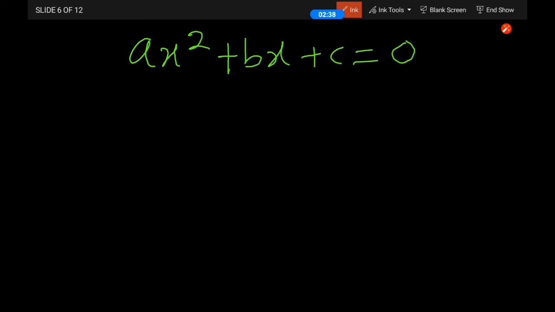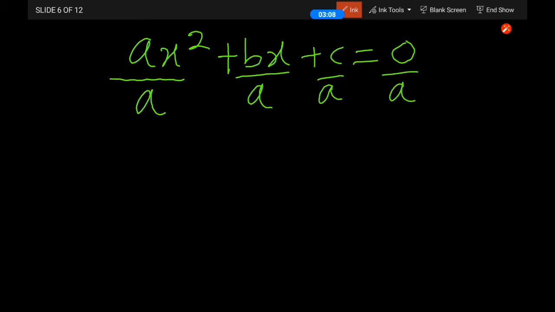Now, for you to get the formula that we are going to be using in solving, the very first step is to divide through by the coefficient of x squared, and that is a. Divide through by a.